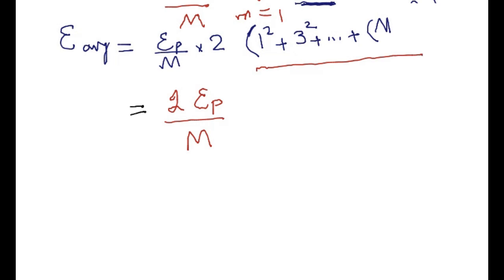This summation is actually the sum of the squares of odd numbers, and if you see the sum of the squares of odd numbers, it actually becomes equal to this one. How can you compute it?